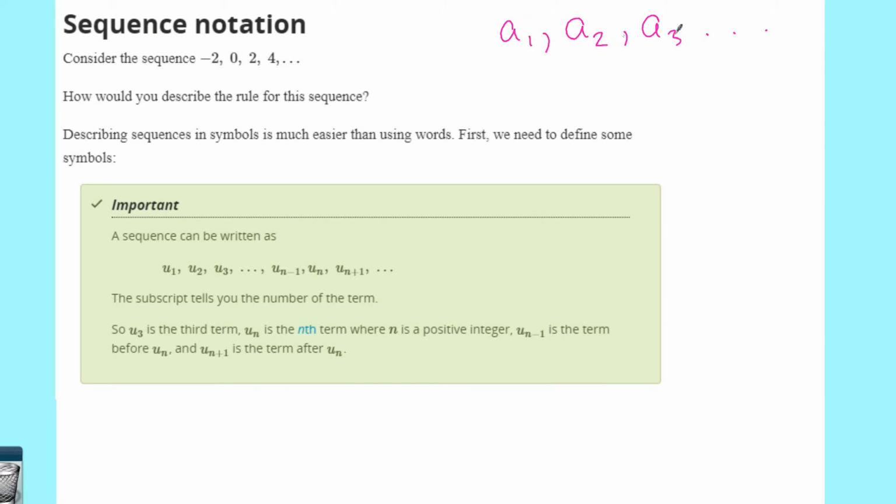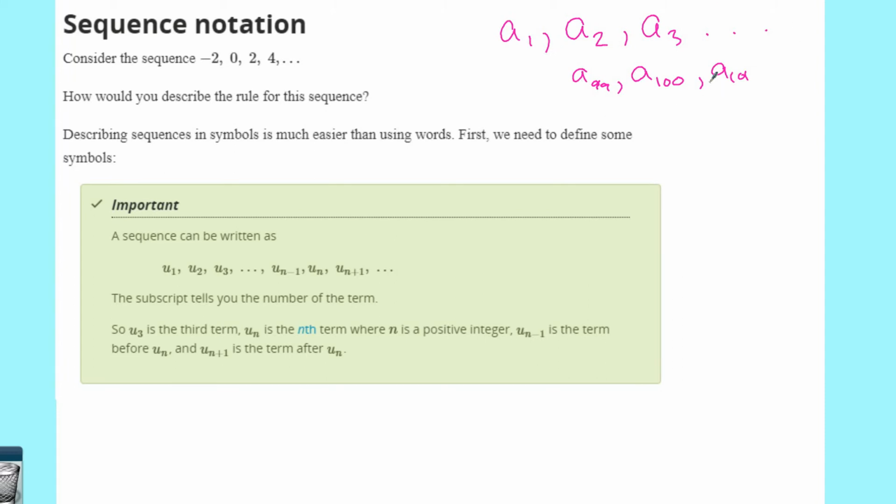That tells you where it is in the sequence. So if I asked you for the 100th term, you know that's going to be after the 99th, but before the 101st term, okay? The subscript just tells you where it is in the sequence. It doesn't tell you what the number is.